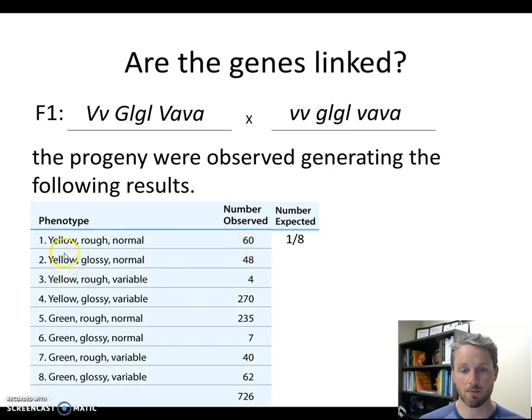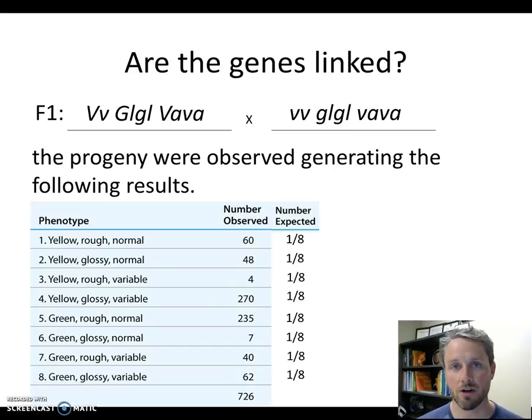Then we could ask the same question about yellow, glossy, normal. Again, yellow was 1/2, glossy was 1/2, normal was 1/2. This one should also occur 1/8 of the time if these genes were assorting independently. That should be true for yellow, rough, and variable, yellow, glossy, and variable, green, rough, and normal, green, glossy, and normal, green, rough, and variable, as well as green, glossy, and variable. They should all occur 1/8 of the time.